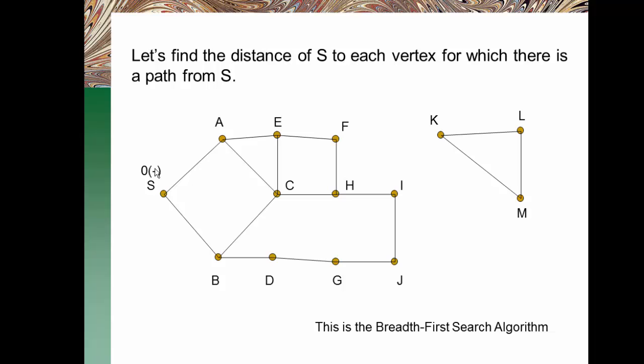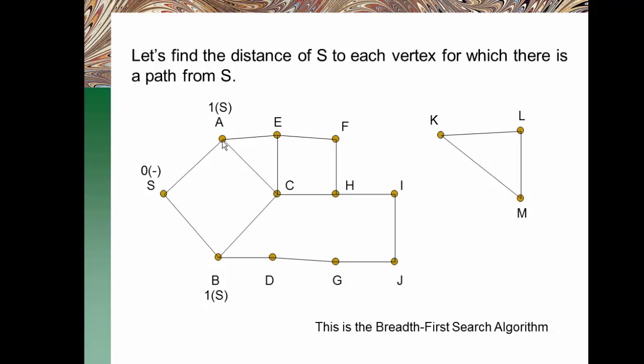Next, from the vertex S, we'll look and see two adjacent vertices, vertices A and B. And we are going to label those two vertices with the label 1 and the predecessor, which is the vertex S. We can call these vertices the first level vertices, which are vertices of distance 1 from the starting vertex.